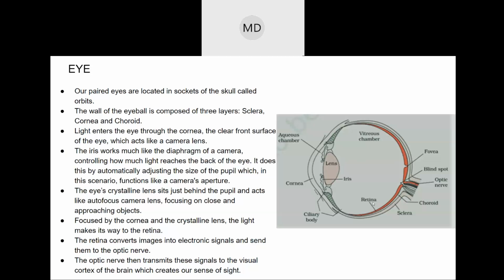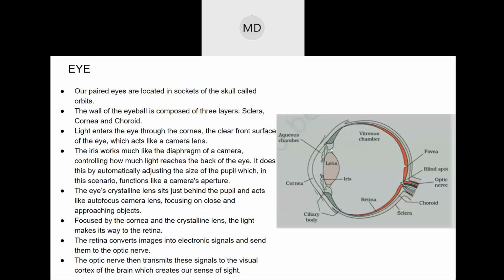And what will the retina do? The retina will convert that image into electrical signals, and then it will be transmitted to the brain by the optic nerve. Okay, and then the brain will identify that yes, this is this person. This is a human being and this is the name of the person, because all the memory is stored in the brain.